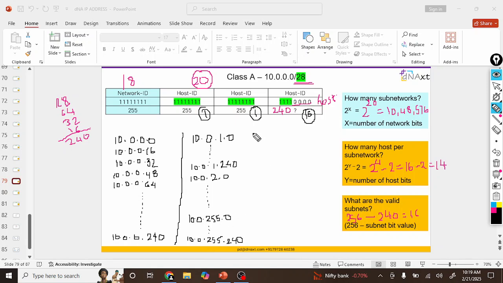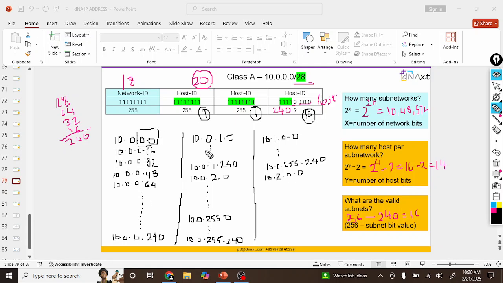At that time you have to do increment of 1 in the second octet. You get 0.0, so this whole process for the last 2 octets will continue, and then you will get 10.1.255.240. Now the next subnet will be 10.2.0.0, and again you get 0.0 like this.